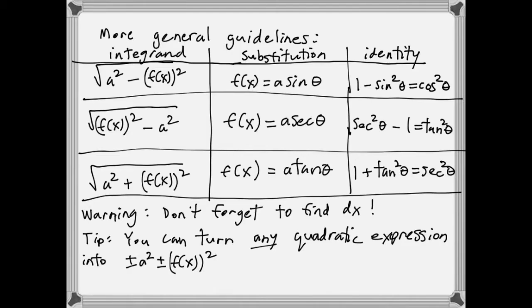So this is what we are talking about here. You can turn any quadratic expression into this form by using something called completing the square. And so in our hardest example, we're going to see a case where we do have to do this work first before we go ahead and do the problem.